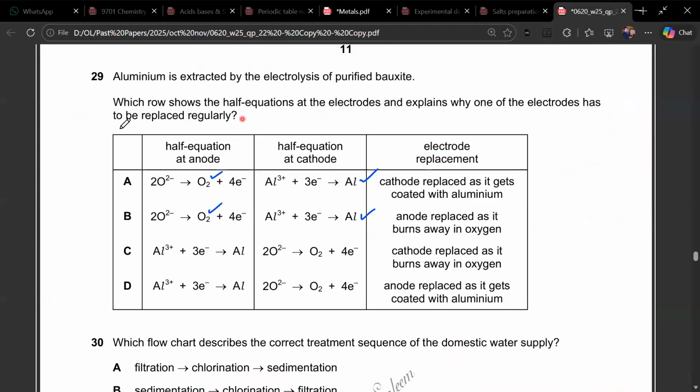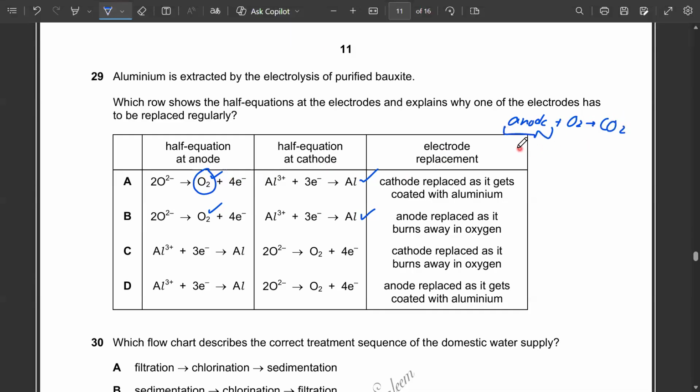And why do we require the anode to be replaced? We remember there was a reaction of the anode with the oxygen. The oxygen which is formed at the anode reacts with the anode to form carbon dioxide, which means the anode was made of graphite material, graphite, which is basically a form of carbon that is used for construction of the anode.